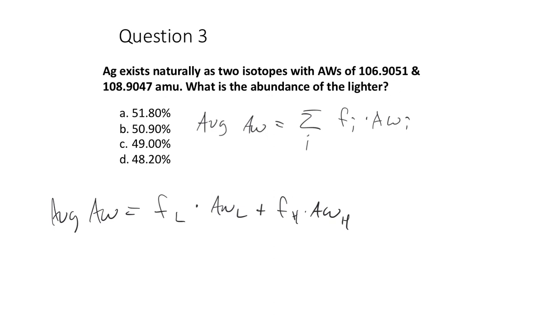One of the keys is that the fraction of the lighter plus the heavier, because there's only 2 possible isotopes for this atom, these have to sum up to 1. And then the second thing is that the actual sum, the average atomic weight, is given on the periodic table. For silver, that's 107.8682.